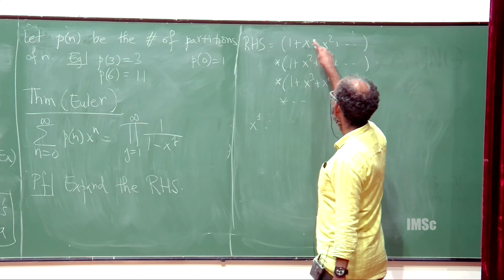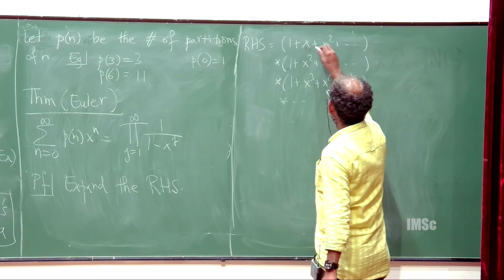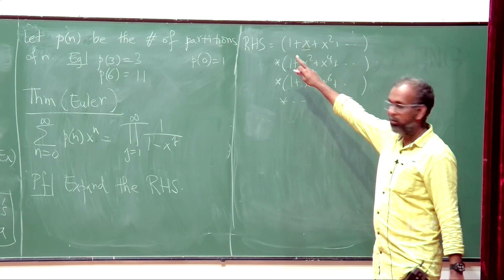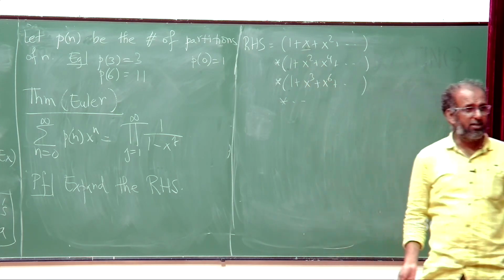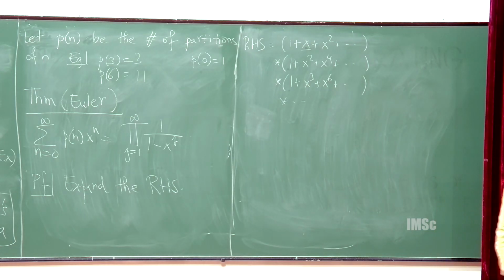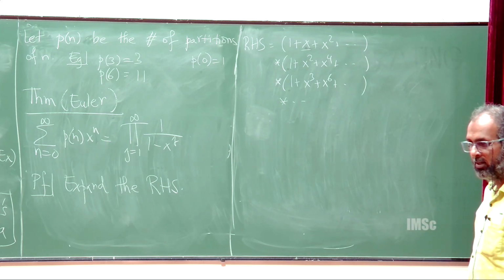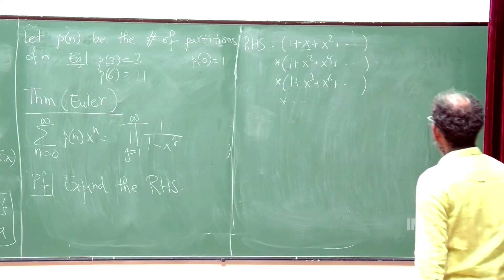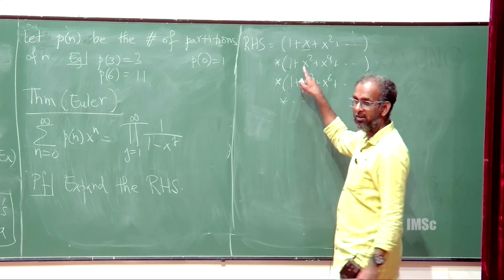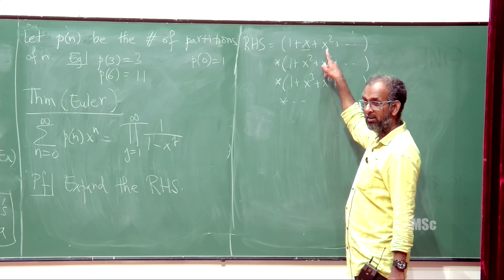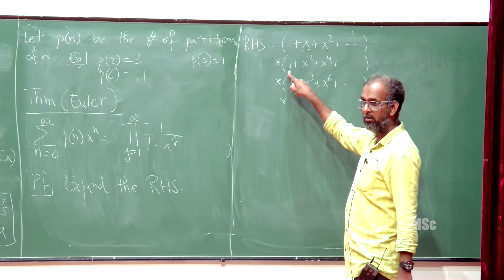So I underline this. Is there any other way I can get x to the power 1? We can take one from the second factor, but it will be the same only.